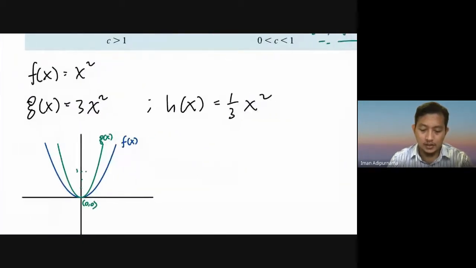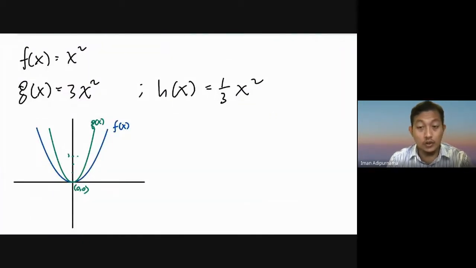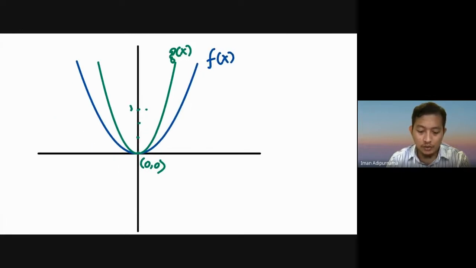And the example here, we have 1 over 3, a third of x squared. So usually we have 1, 1. Now we have 1 and 1 over 3. So maybe 1 over 3 is around here. So this will be maybe around here.